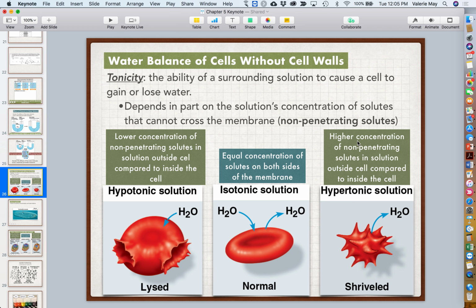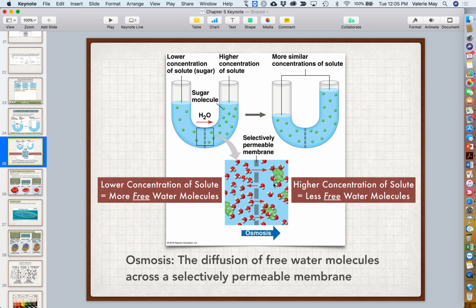this is the hypertonic solution. So we've put a cell in a solution that has a higher concentration of non-penetrating solutes, ions, polar molecules. And it's higher outside the cell than inside the cell. So now this is the hypertonic solution. So we're saying that this is the solution outside the cell. This is the solution inside the cell.